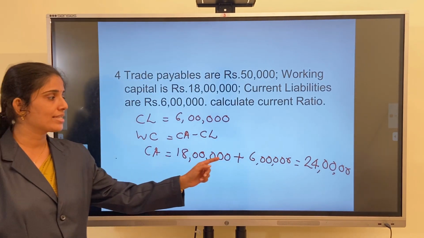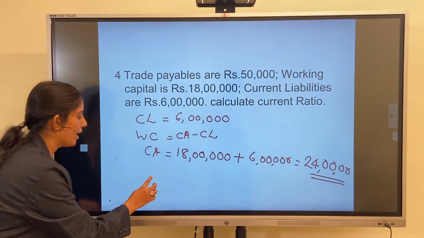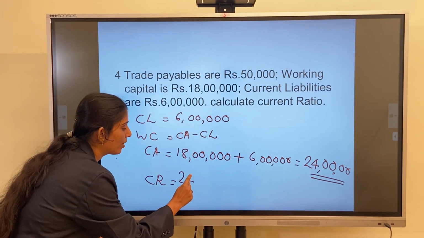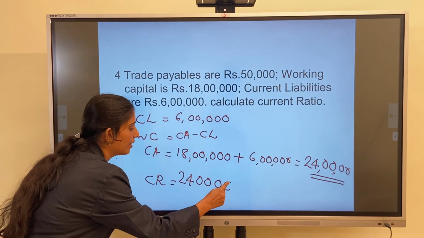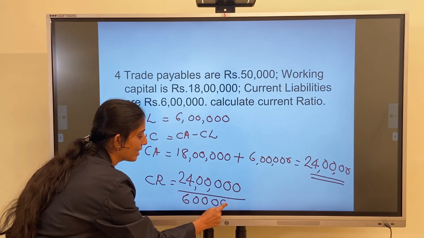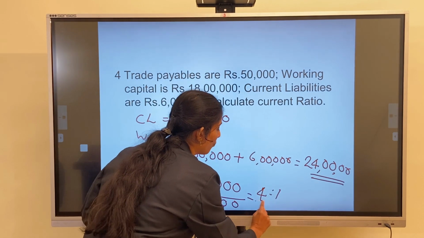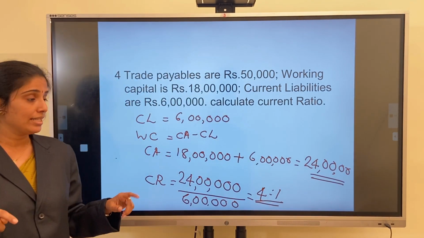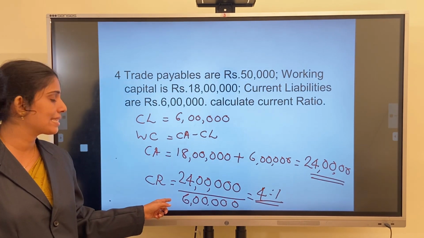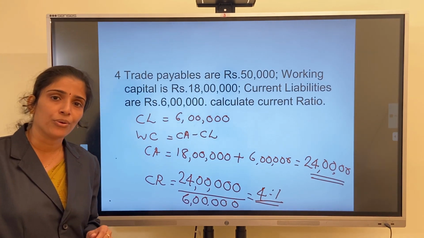So current assets value is 24 lakhs. Then current ratio equals 24 lakhs divided by 6 lakhs equals 4:1. In this case, 24 lakhs is the current assets value and 6 lakhs is the current liabilities value. 4:1 is the current ratio. Okay, thank you.